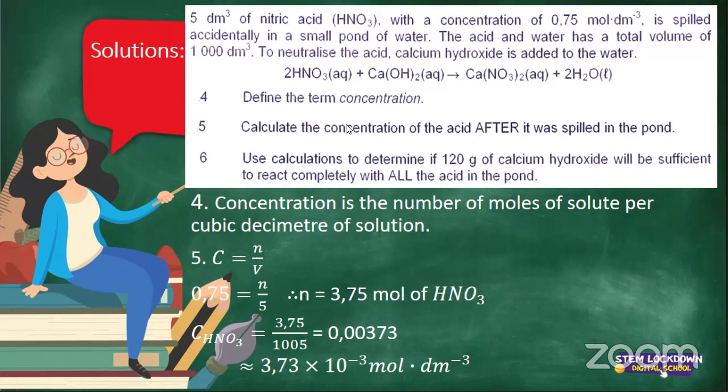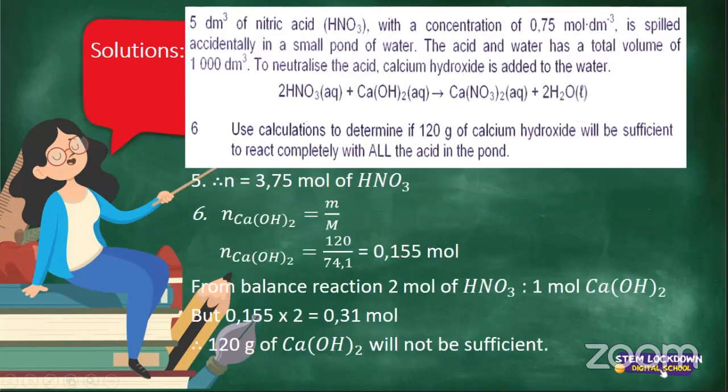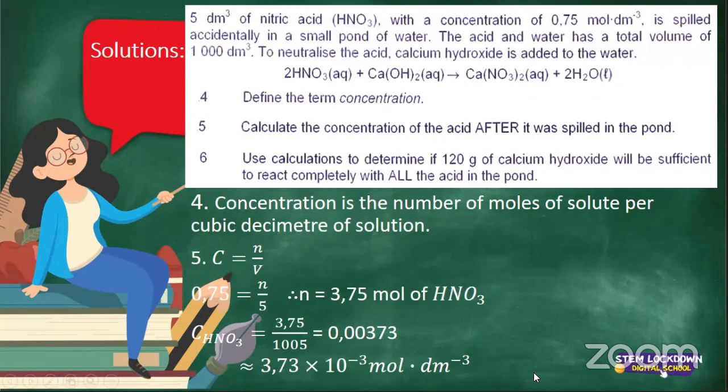Right. Now, what we needed to do was to calculate the concentration of the acid after it was spilled in the pond. Let's just quickly correct something. Now we want to know the concentration of the acid after it is spilled in the water.